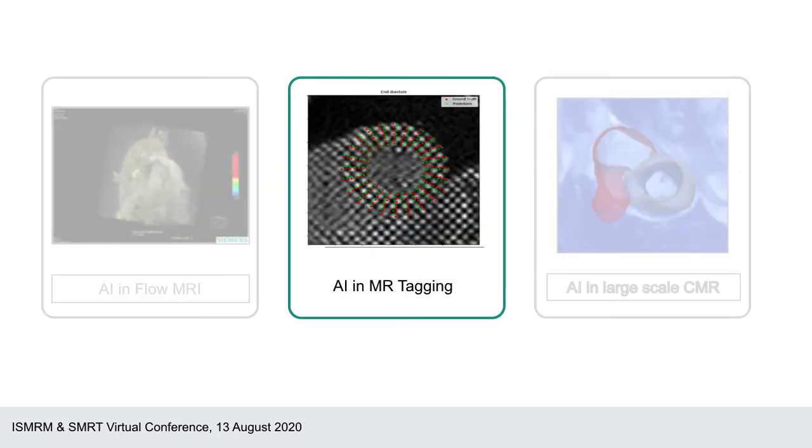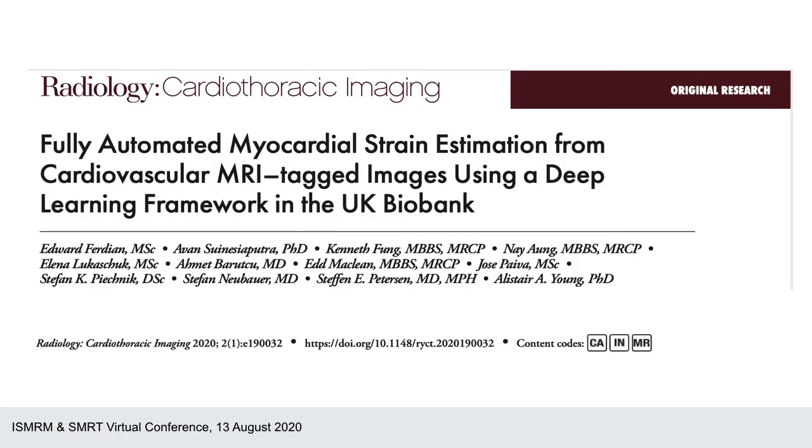Now let's go to the AI for the MR tagging. This is also the same work of Edward, but he developed another network for calculating strain for MR tagging. In this case, we use the UK Biobank data.